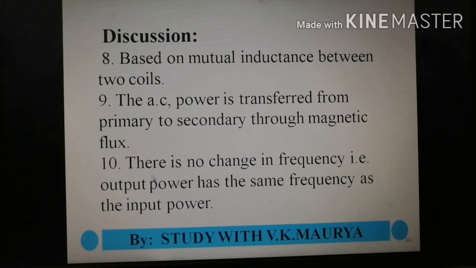Number 10, there is no change in the frequency, that is, output power has the same frequency as the input power.